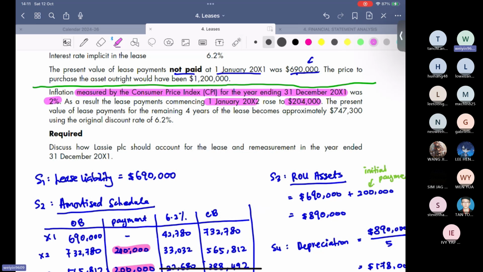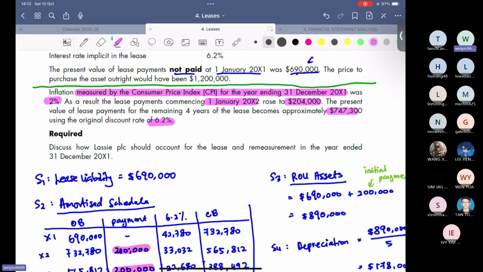That means previously you signed 200,000, now it becomes 204,000. So the present value of the lease payments of the remaining 4 years becomes 747,300 using the original discount rate. Because your payment has been increased, you revise your liability. Definitely your liability has been increased as well.